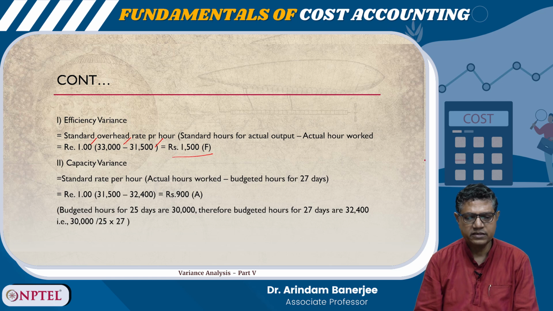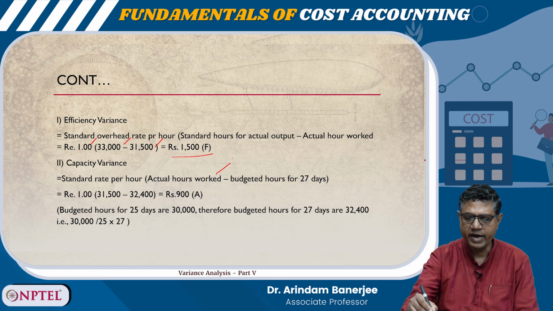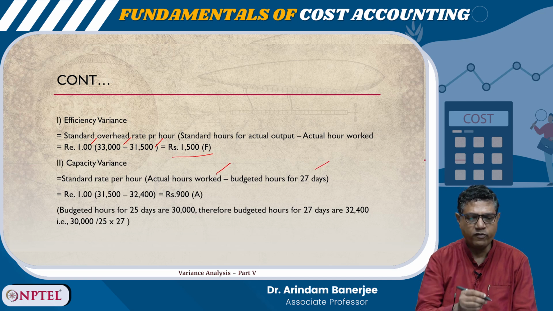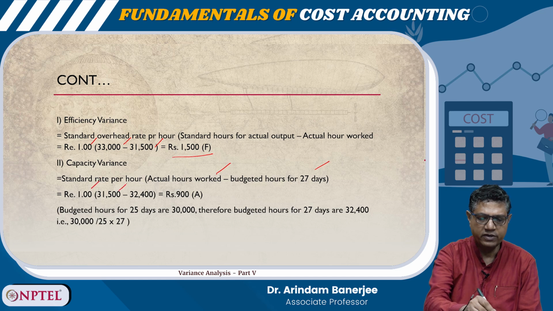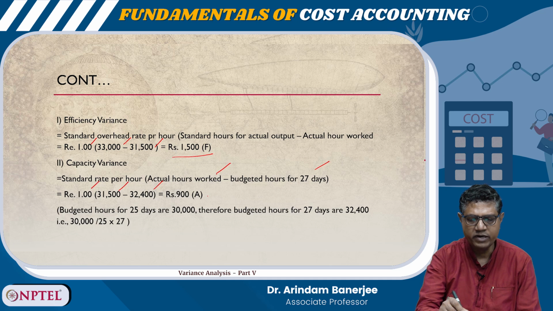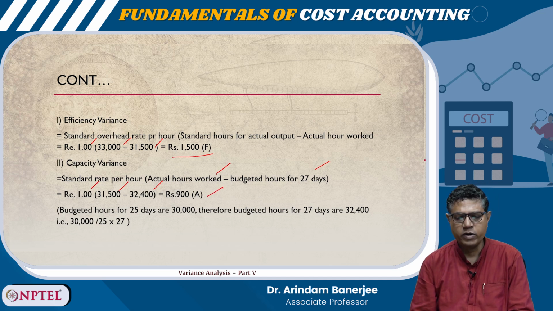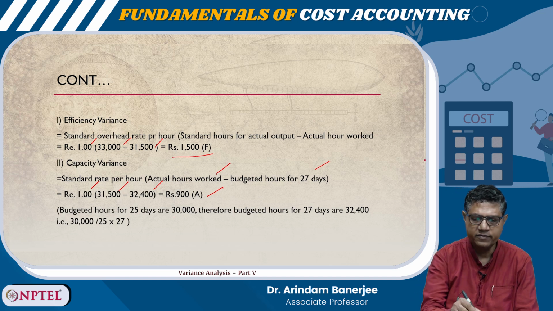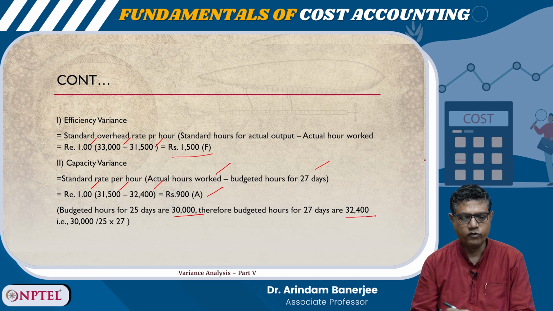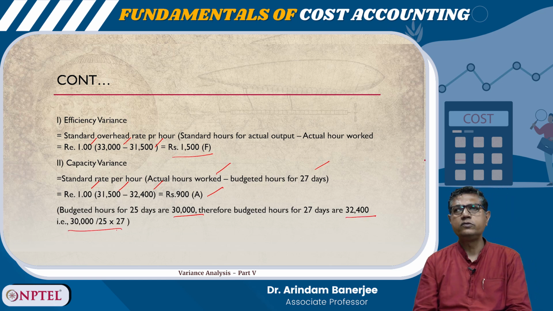Capacity variance is standard rate per hour into actual hours worked minus budgeted hours for 27 days. So, rupee 1 into 31,500 minus 32,400 is 900 adverse, right. Budgeted hours for 25 days are 30,000. Therefore, budgeted hours for 27 days are 32,400. How does it come? 30,000 by 25 into 27.